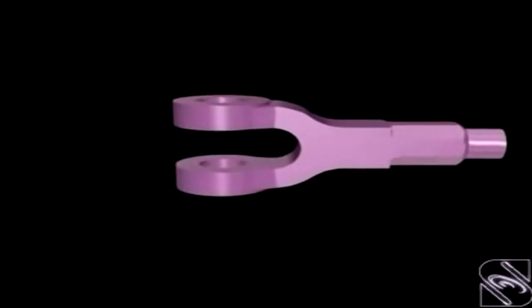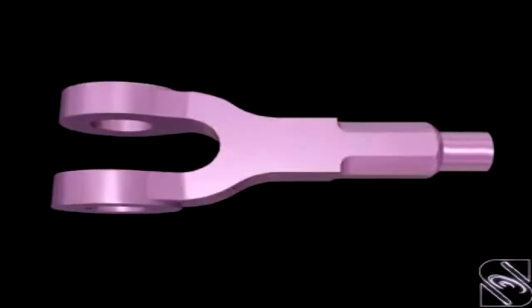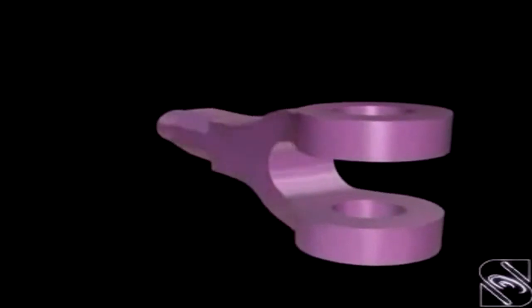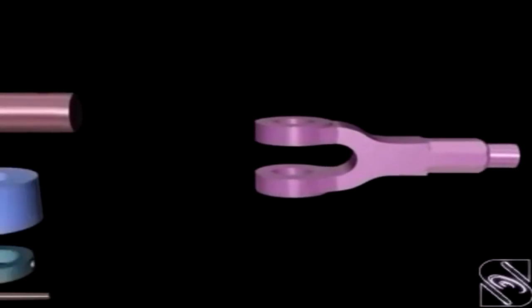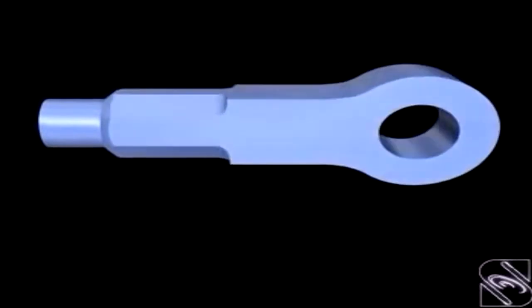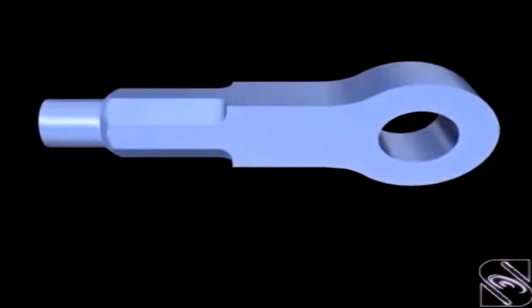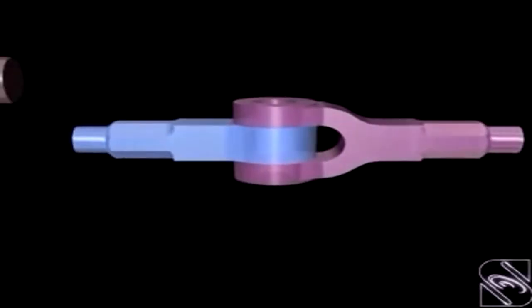One rod end is made in the form of a fork. The other rod end is in the form of an eye. The eye end is assembled into the fork end and the holes are kept in alignment.